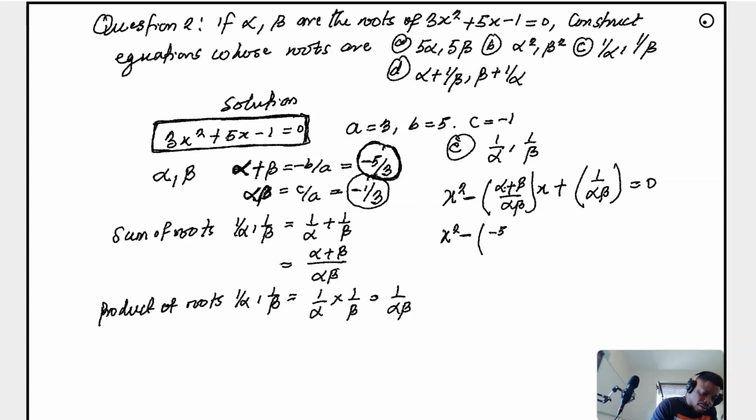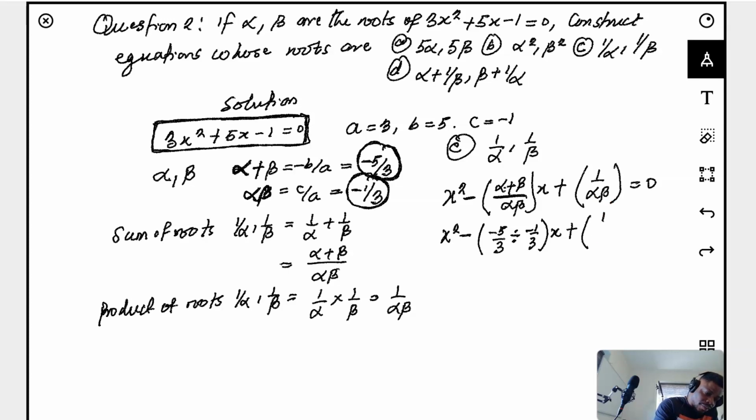This is division here, so I'll put it like this. Alpha beta is minus 1 over 3. This is x plus 1 over alpha beta, which is 1 divided by minus 1 over 3, equals 0.